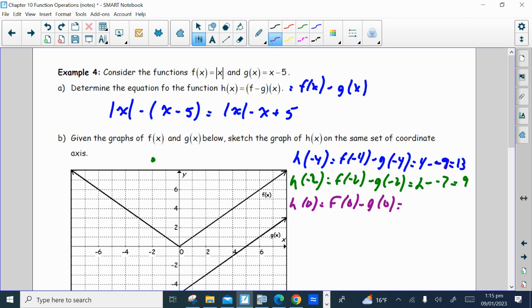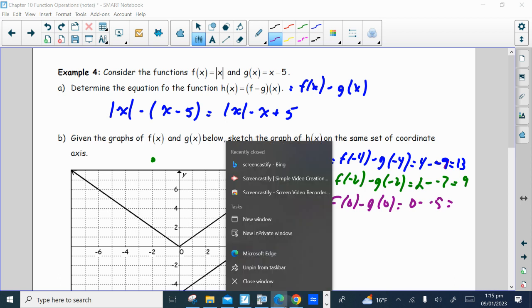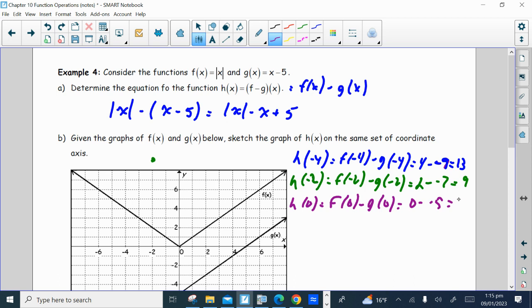Okay, f at 0, take away g at 0. F at 0 is 0. Take away g at 0, which is negative 5. And the minus becomes a plus. So that'll be the point 0, 5, which is that point right there. So now let's do h at 2.